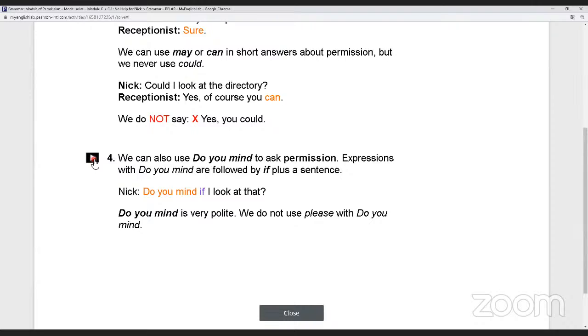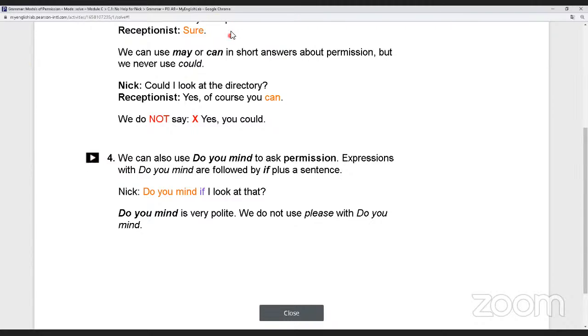It's very curious how it works, right? A lot of my students tell me that they have trouble with the question, do you mind? It's a bit of a complicated question to ask and answer, partly because of the meaning of the word mind. As a verb, mind means to be bothered, or to be upset by something.